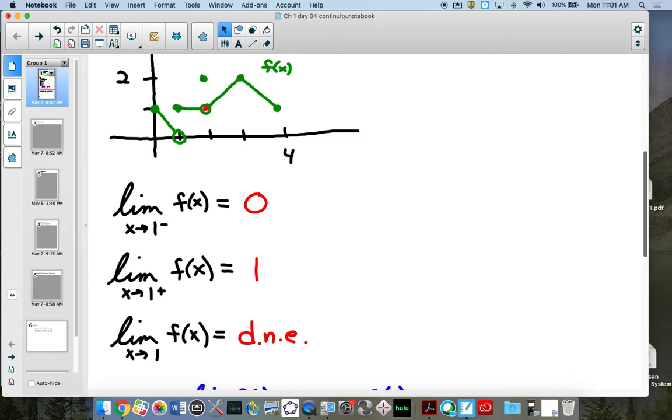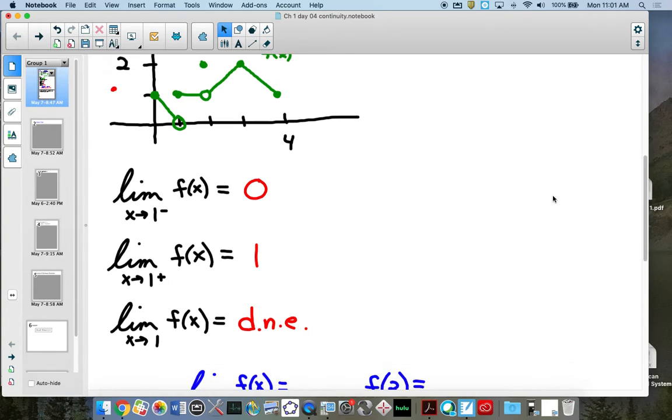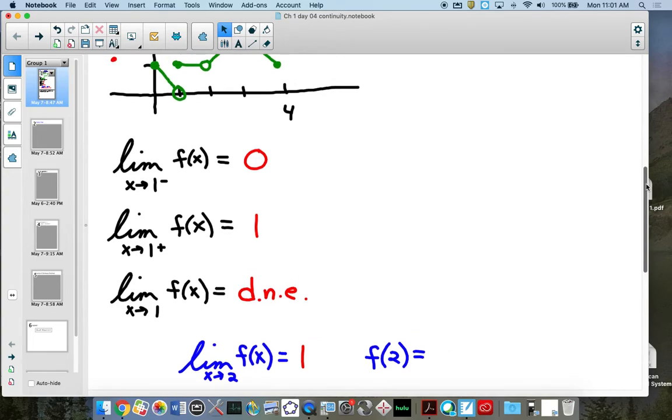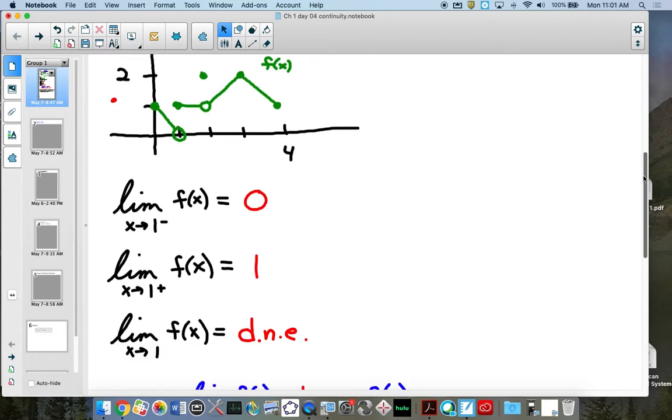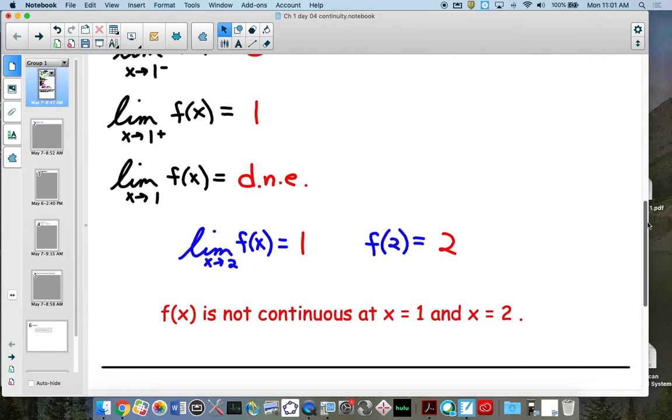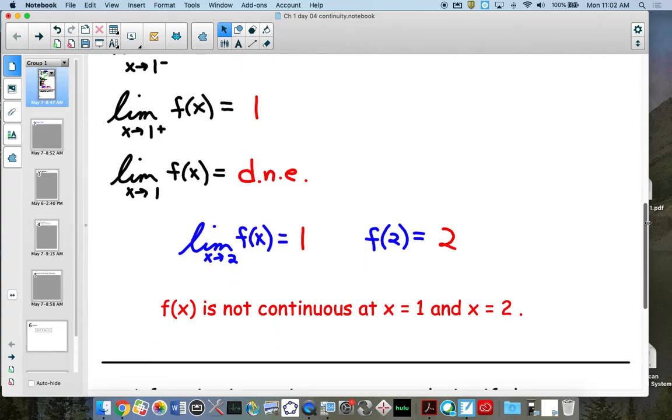So our left and right-hand limits are the same. The limit as x approaches 2 is equal to 1. What is f of 2 though? Our function value at x equals 2 is 2. It jumps up. So this is another case where our function is not continuous. It's not continuous at x equals 1, and it's also not continuous at x equals 2.